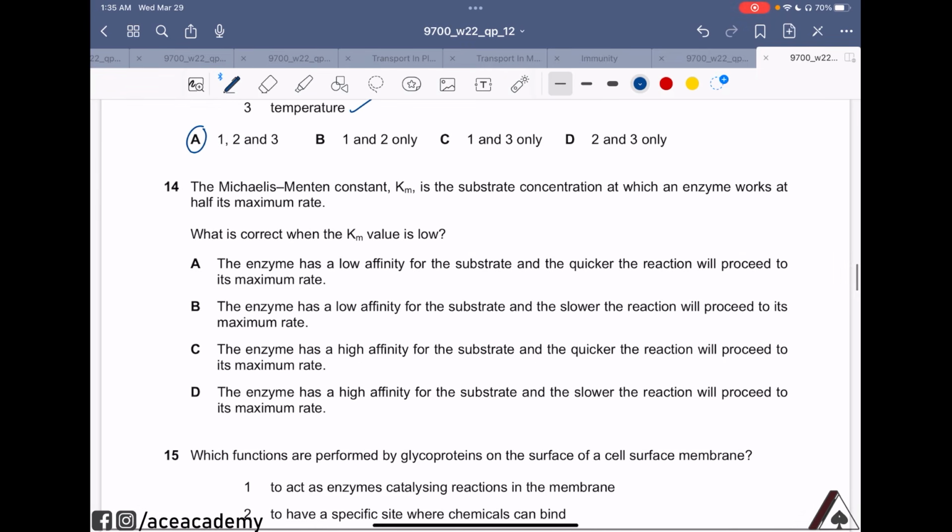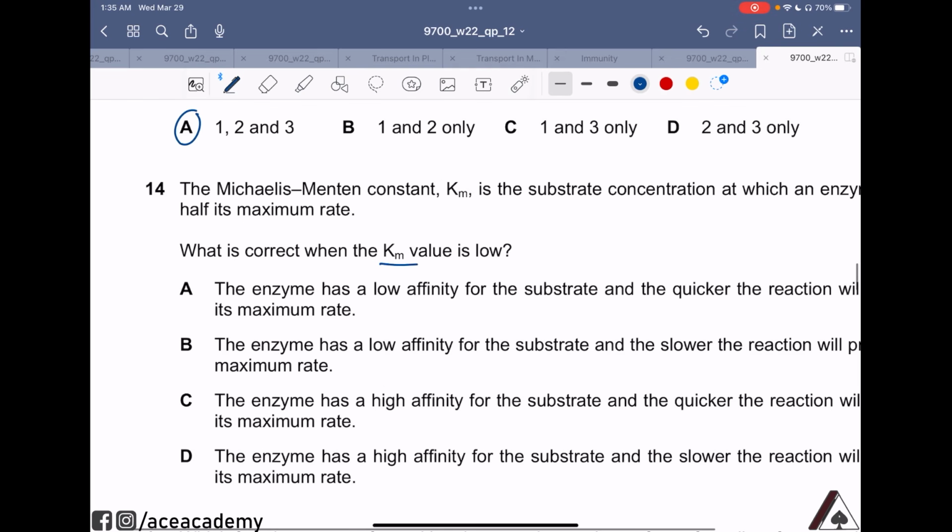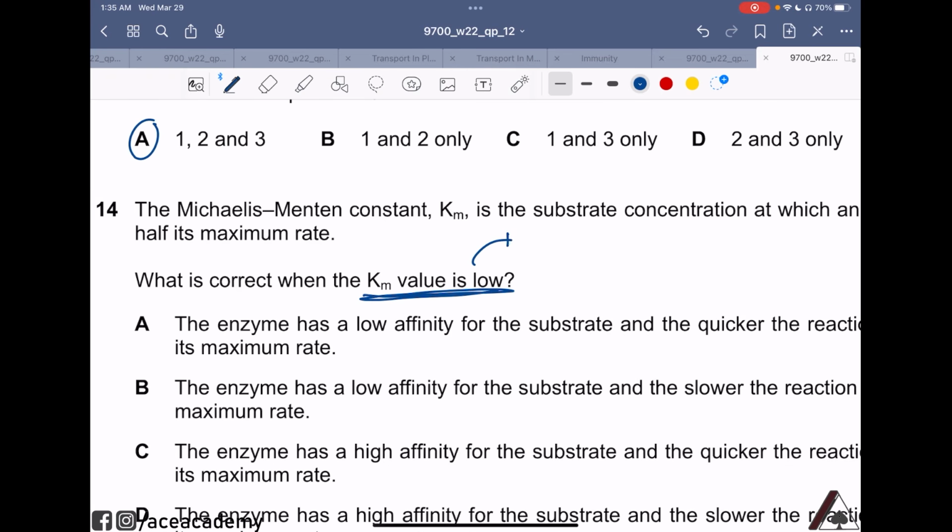Question number 14. The Michaelis-Menten constant Km is the substrate concentration at which an enzyme works at half its maximum rate. What is correct when the Km value is low? When the Km value is low, it means that the enzyme is more efficient.